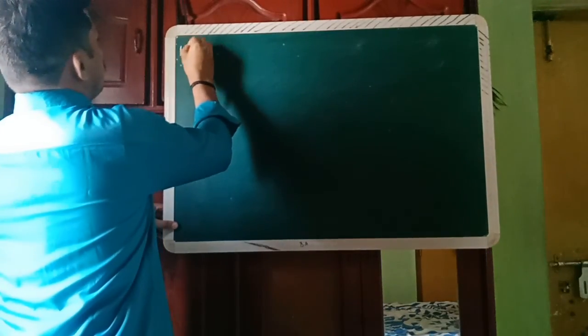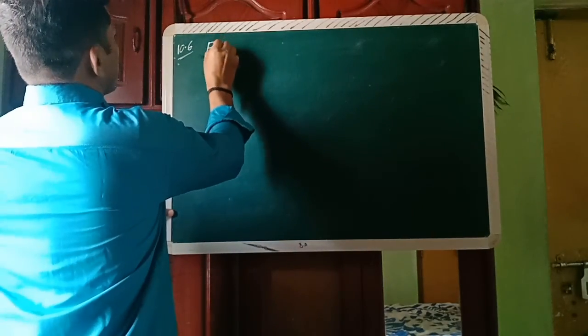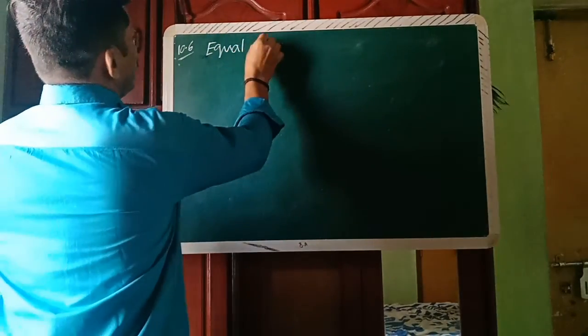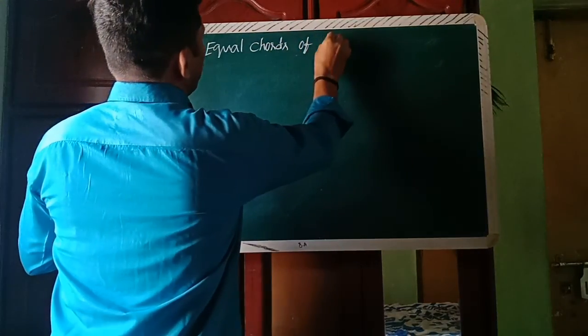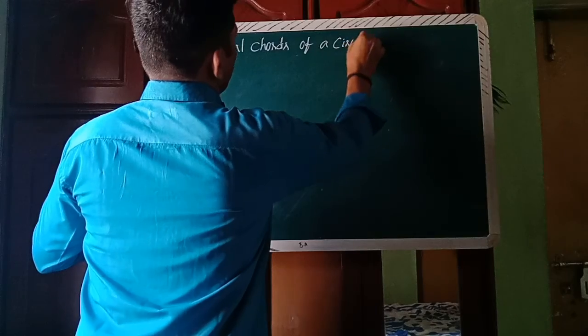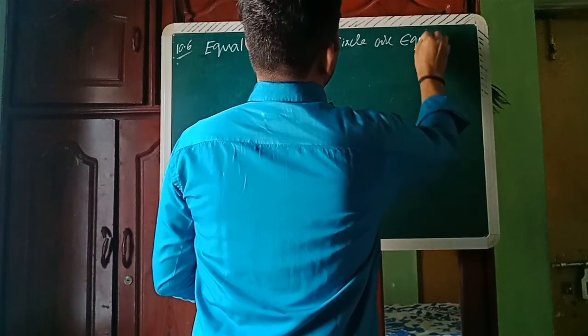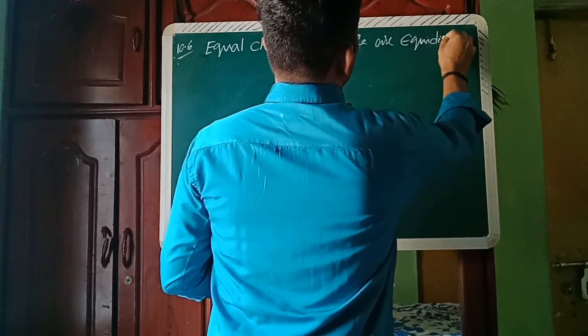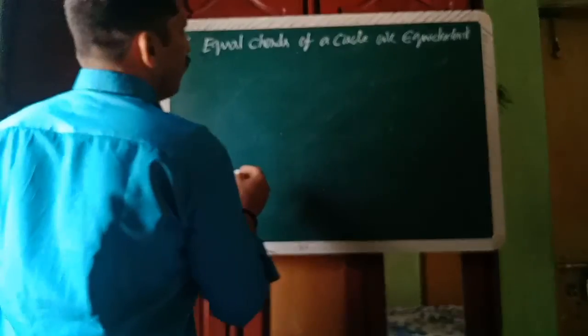Theorems. 10.6 theorem. Equal chords of a circle are equidistant from the center.